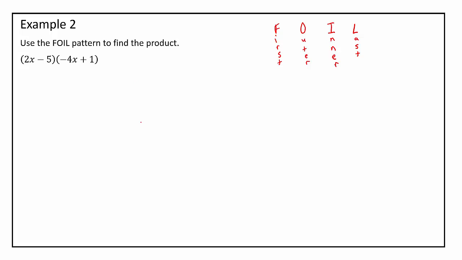So you might hear it later on in a different math class. Foiling means we're going to multiply these two binomials together in a certain way so that we'll be able to get it right. These words, first, outer, inner, last, tell us what to multiply.